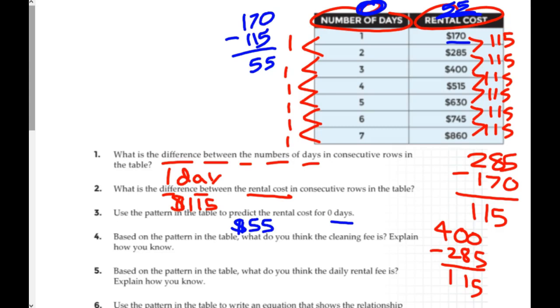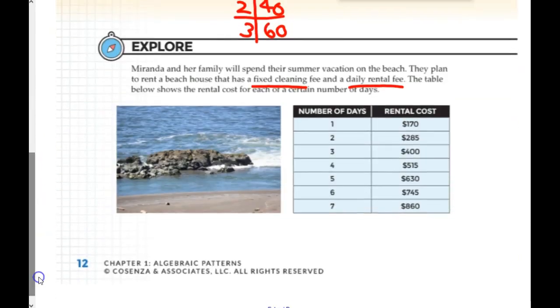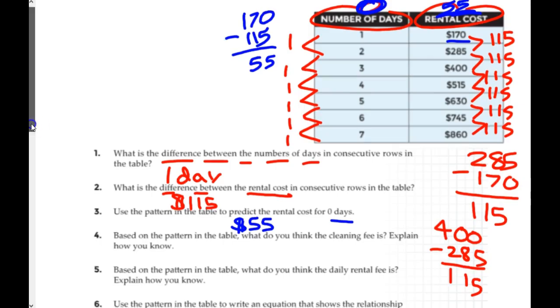So again, on a different table, can you find a zero value? Can you just go back one, right? So based on the pattern in the table, what do you think the cleaning fee is? What y'all think? Remember, it says there is a fixed cleaning fee. Think about it.